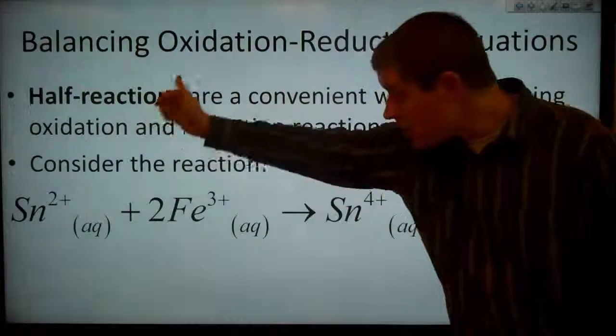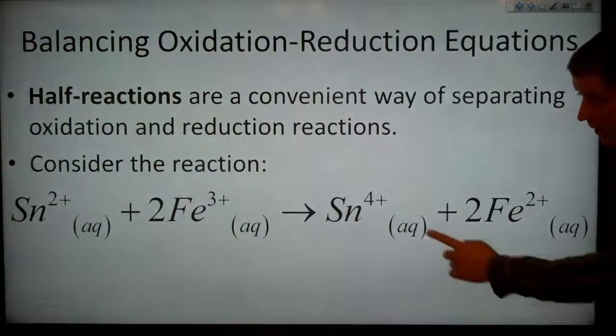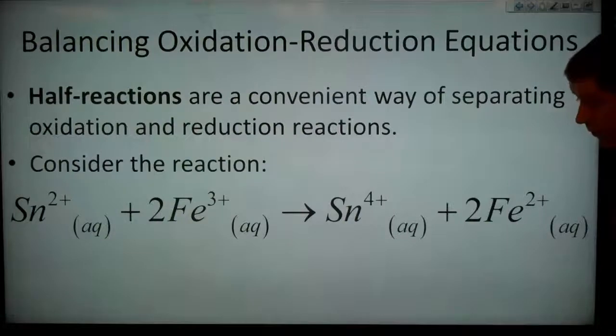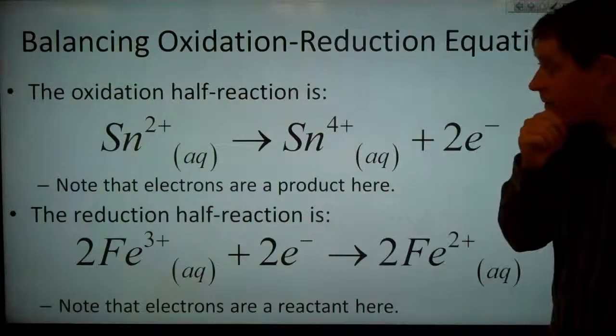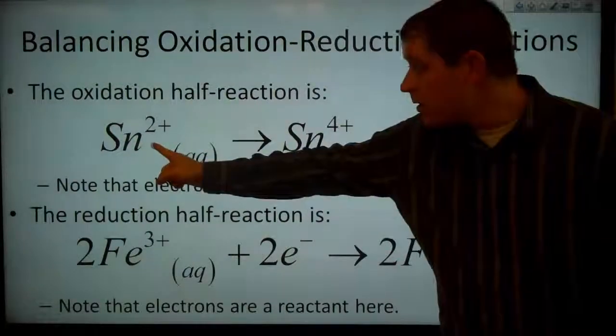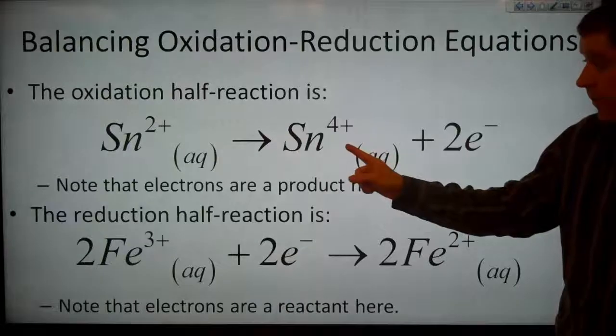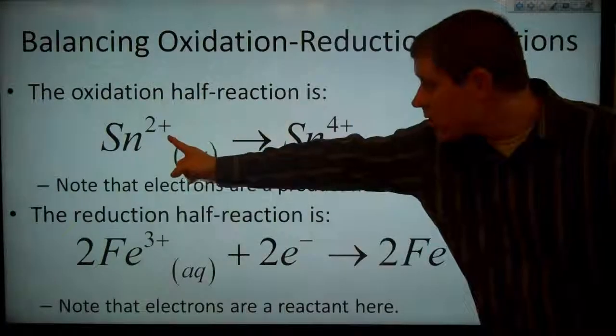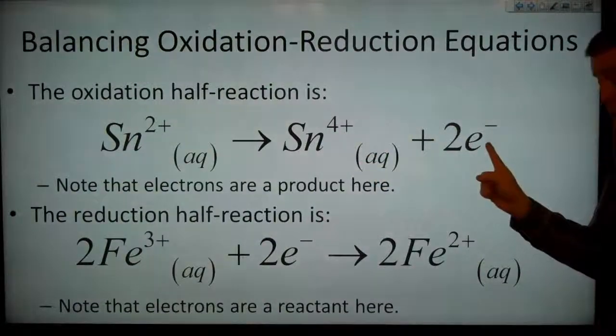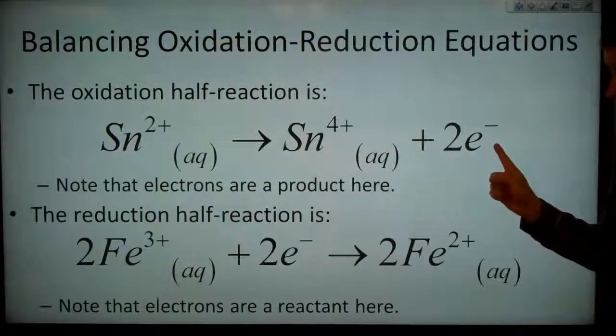So let's look at this reaction. We have Sn2+ plus 2 Fe3+ yields Sn4+ and 2 Fe2+. The oxidation half reaction is the tin going from Sn2+ to Sn4+, but we have to have a balanced charge. Here we have a charge of 2+, here we have 4+, so we need 2 electrons to balance off the charge.